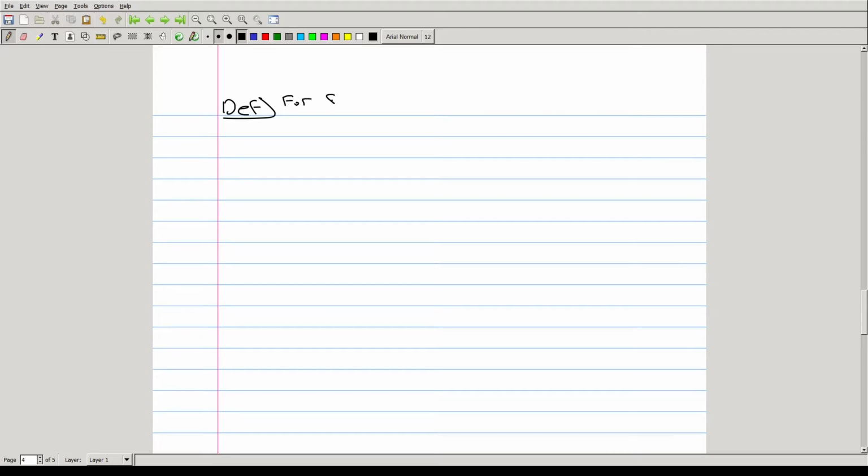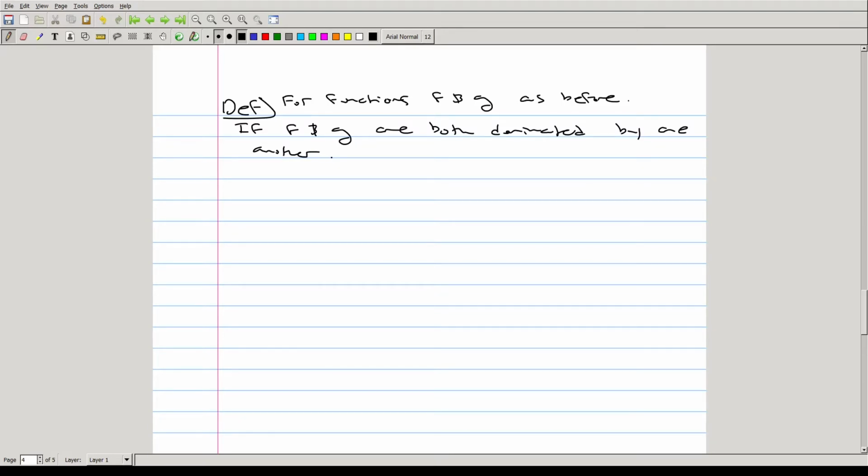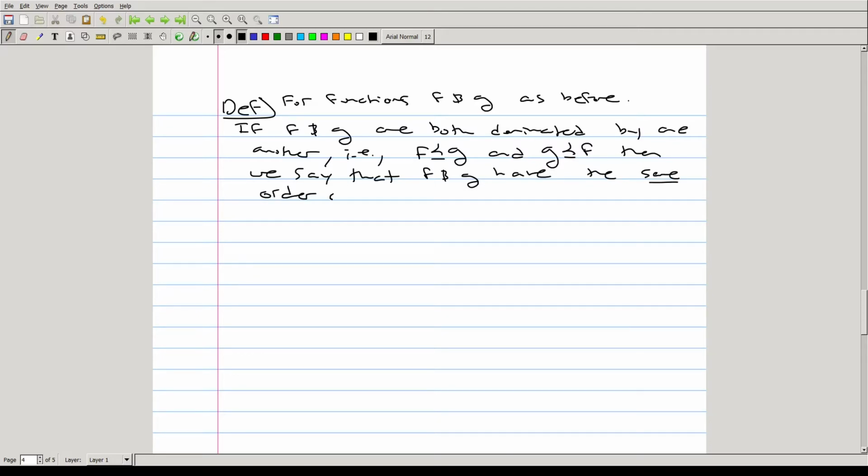So for functions f and g as before, if f and g are both dominated by one another, in other words, f is dominated by g and g is dominated by f, then we say that f and g have the same order of growth.